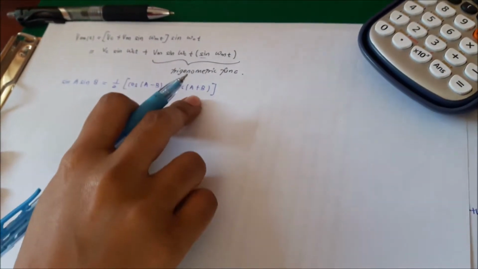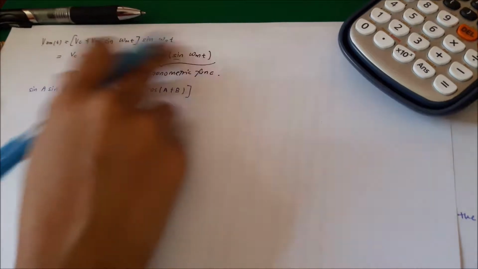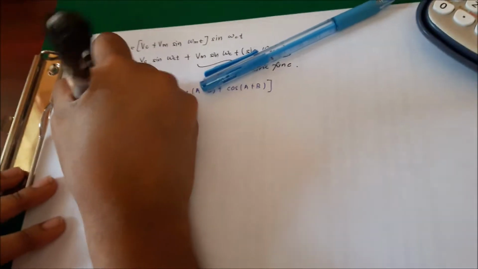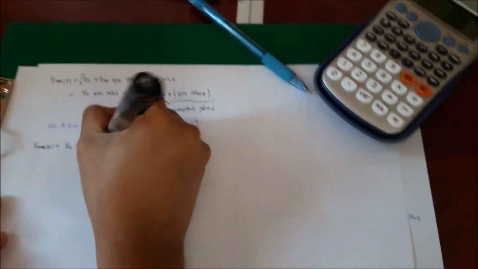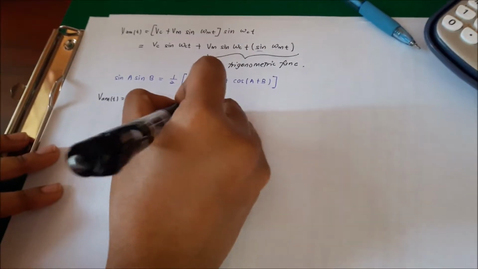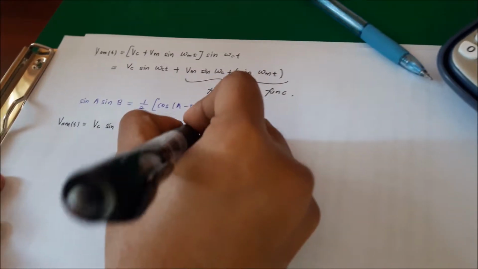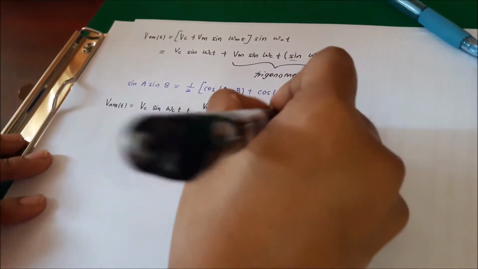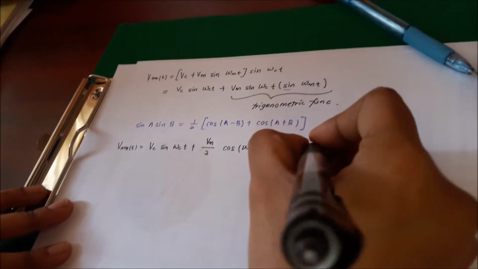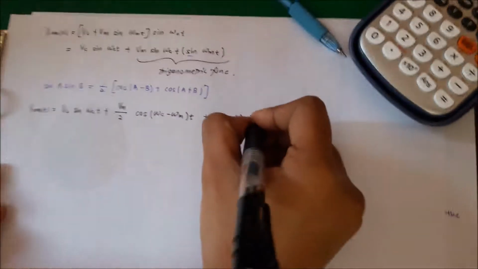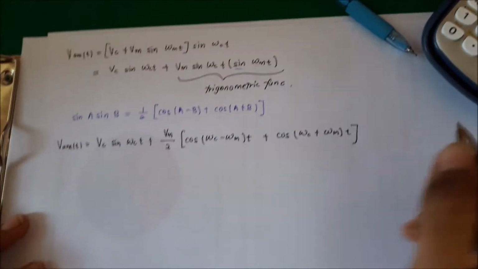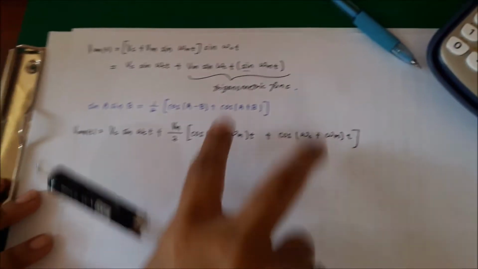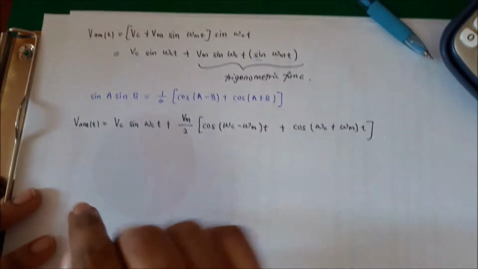This is the trigonometric identity, and if you substitute inside this, then you're going to get Vc sine omega c t plus Vm over 2 cos(omega c minus omega m)t minus cos(omega c plus omega m)t. So this is what is expanded from the trigonometric explanation.